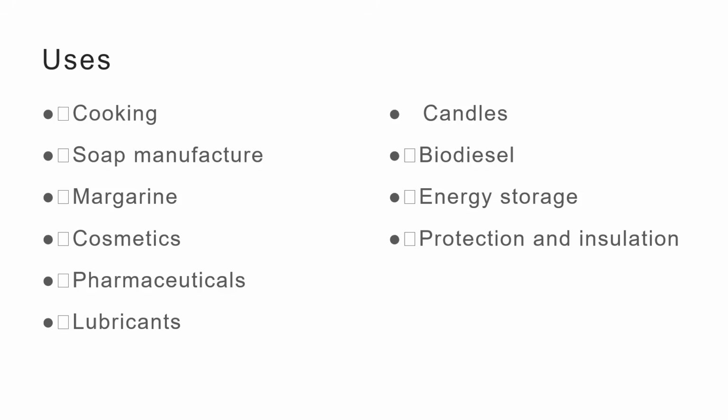Protection and insulation, where you want to insulate or cover a piece of iron or a metallic substance. In the olden days, when they used their hoe for farming, after the farming season, after the harvesting and everything, they cleaned off the sand on their hoe, and they used animal fats to cover the metallic part of the hoe.